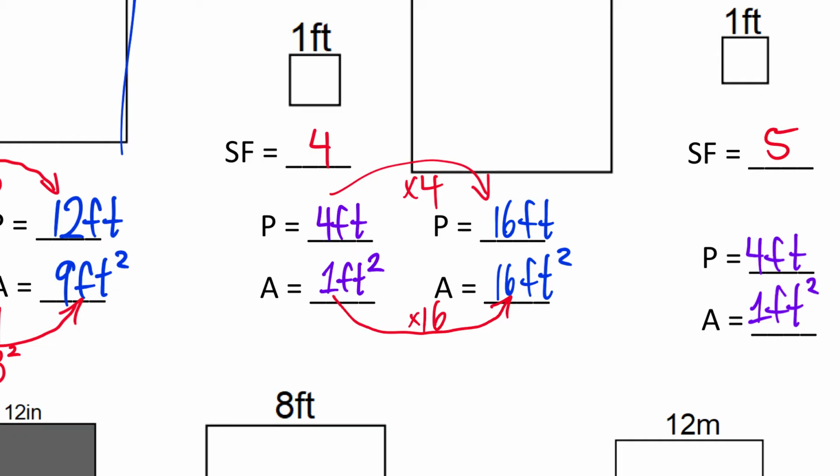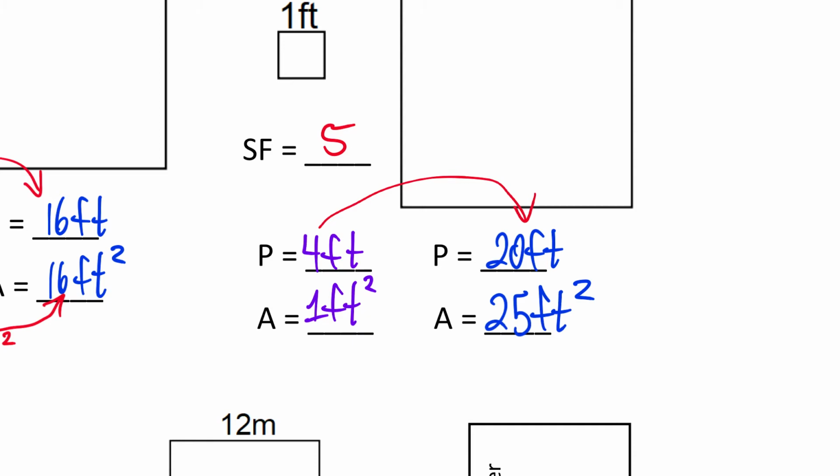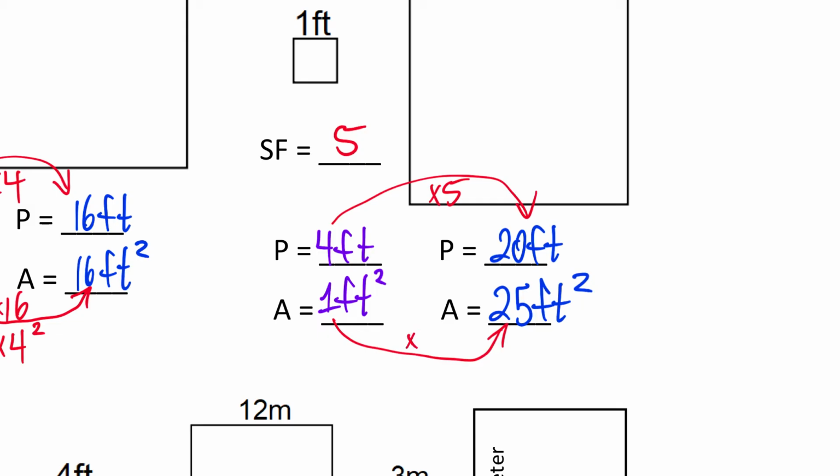It's times 16, but really it's by the scale factor squared, right? 4 squared is 16. Okay, on this one, 4 times what gives you 20? 4 times 5. 1 times what gives you 25? 25, or 5 squared.